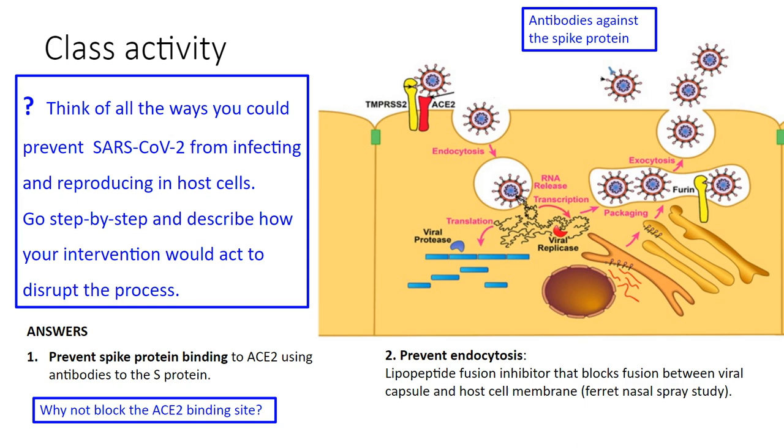And this was a series done with ferrets, and it's a fairly simple experimental design if you want to show it to your students. And the ferrets were given a nasal spray and then simply put in cages with infected ferrets. And the ferrets using the nasal spray with the fusion inhibitor did not develop COVID. So this may be something that we see as a preventative coming down the road.